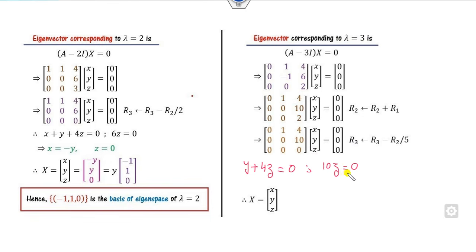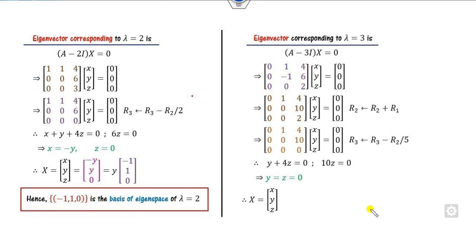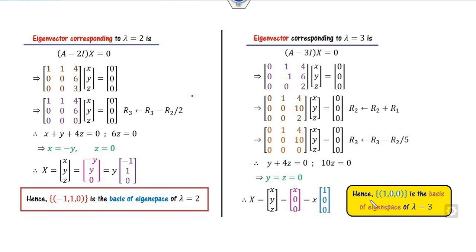So from this we will get z as 0. If you substitute here, we will get y as 0. So what is the value of x? It is unknown, y is 0, z is 0. So I can take x as common. (1, 0, 0) is the standard basis, the eigenvector or the basis of the eigenspace corresponding to 3.